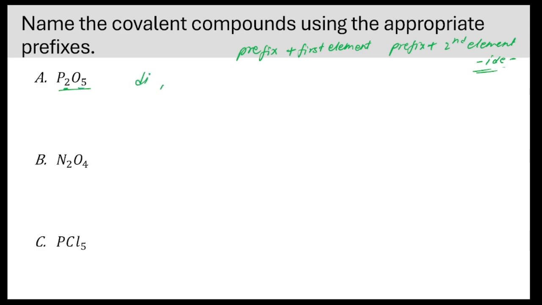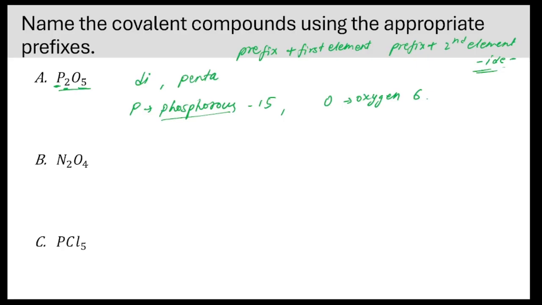For the second one there are 5, so penta. If you go back to the periodic table and look for the name of the element with symbol P, it's phosphorus, atomic number 15, and O is oxygen, atomic number 8.